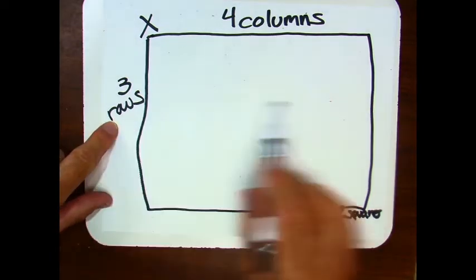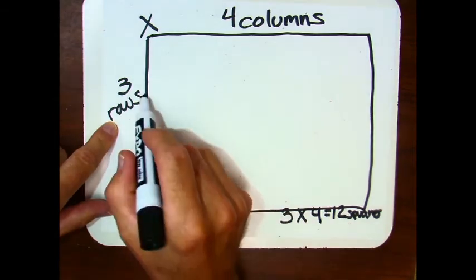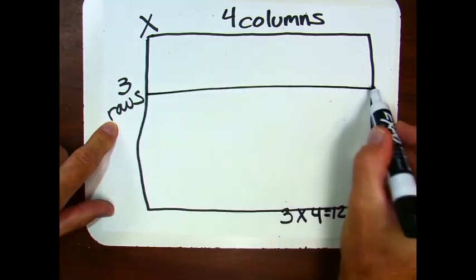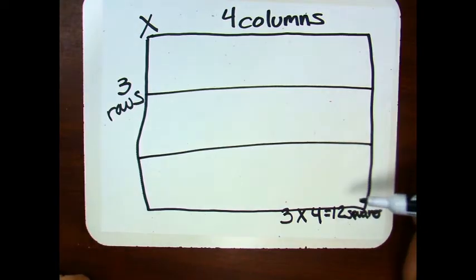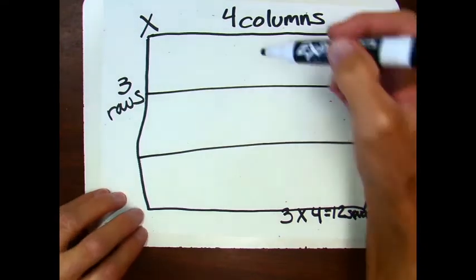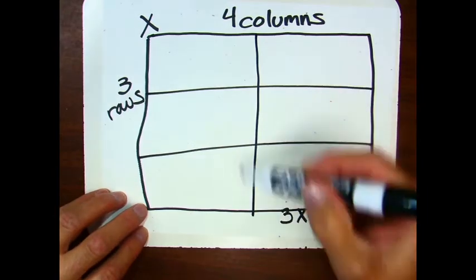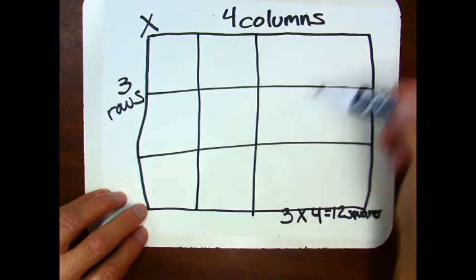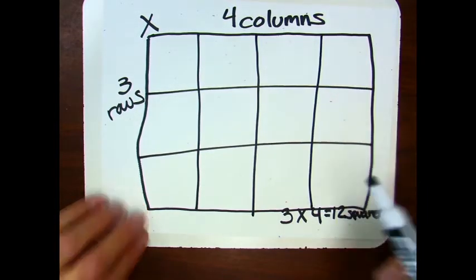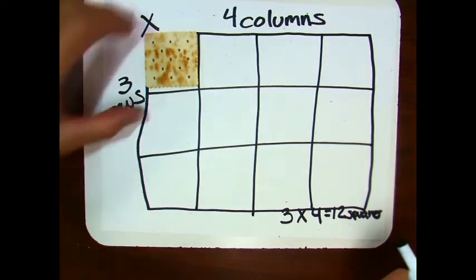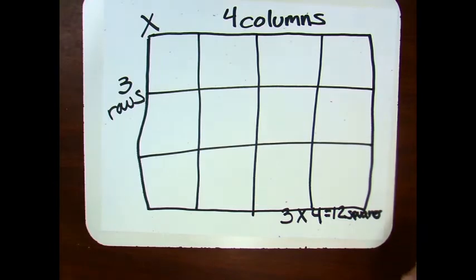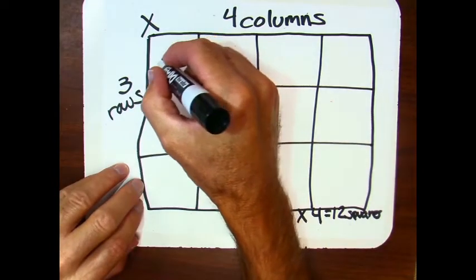We had 3 rows here, if you remember, so I'm going to draw 3 rows. How many columns did we have? 4 columns. I'm going to divide this in half first and then try and make my squares look square, just like the crackers that fit into them. Now remember, each one of these is a square.